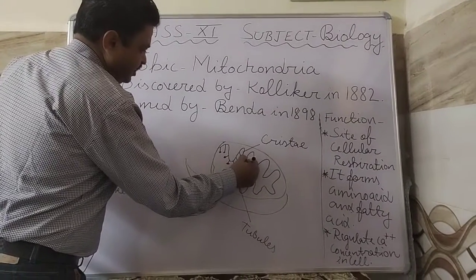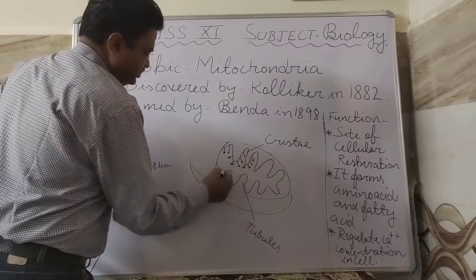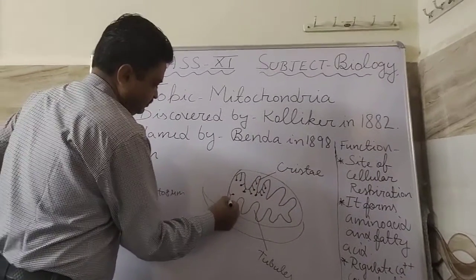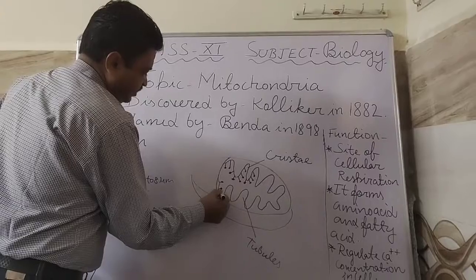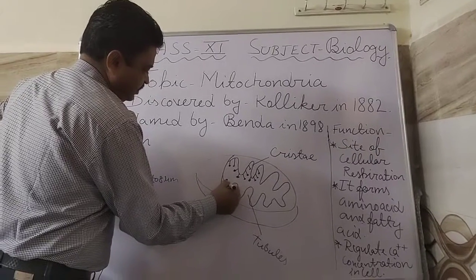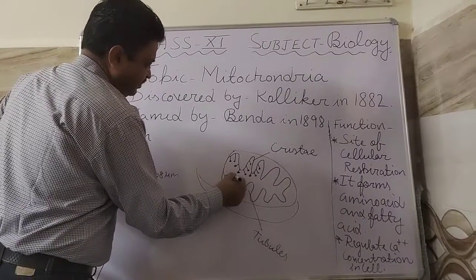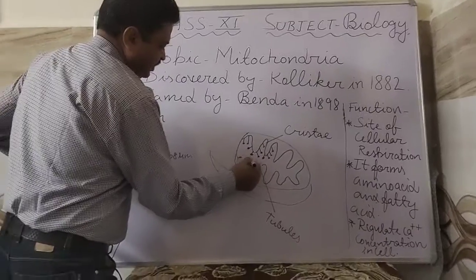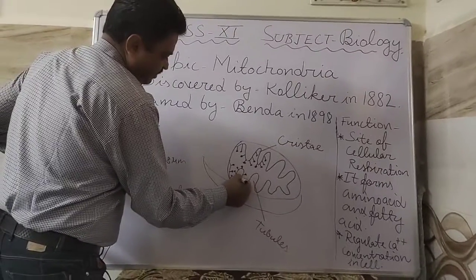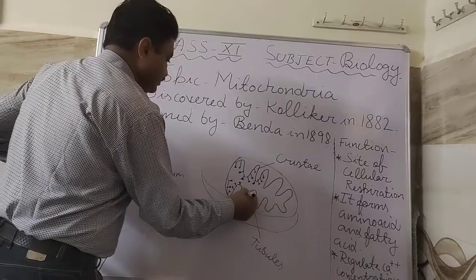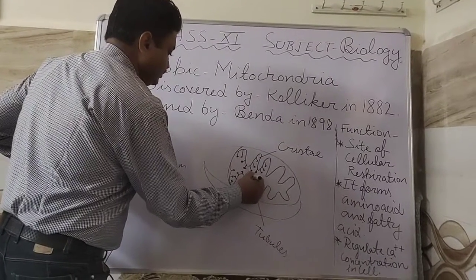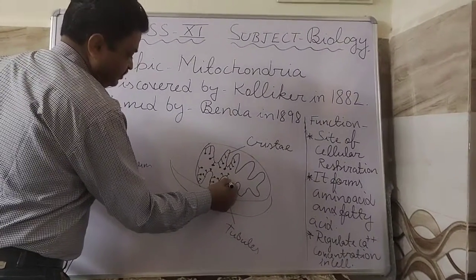This type of ball-and-pin like structure is found inside the mitochondria. The mitochondria have a double membrane, and the difference between them is around 80 angstrom.